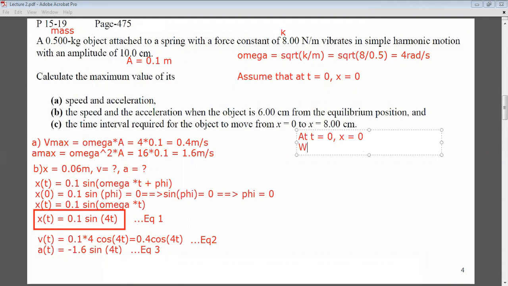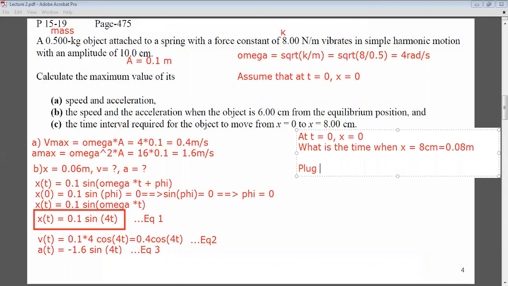Now we need to find what is the time when x is equal 8 centimeter, or 0.08 meter. Okay, so we have to plug x equals 0.08 in equation 1.